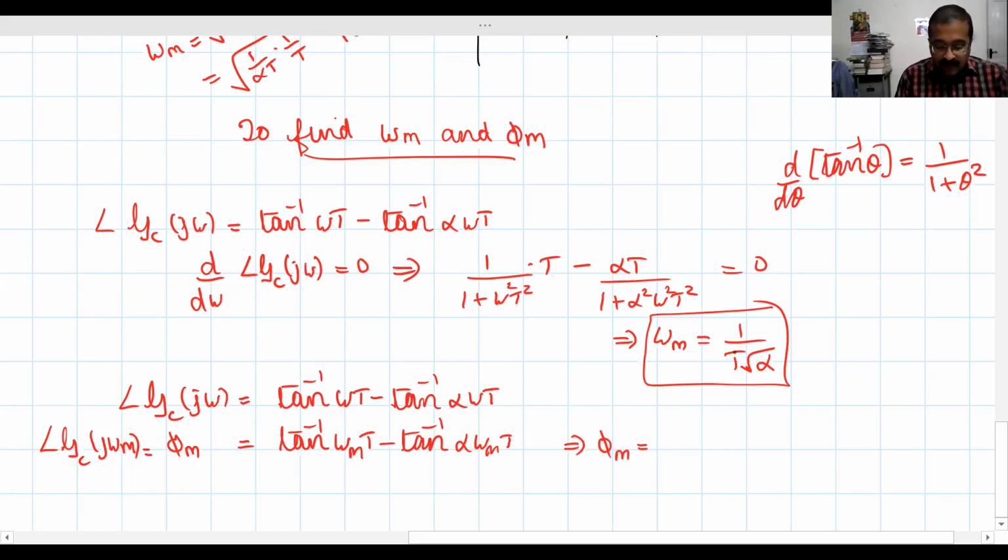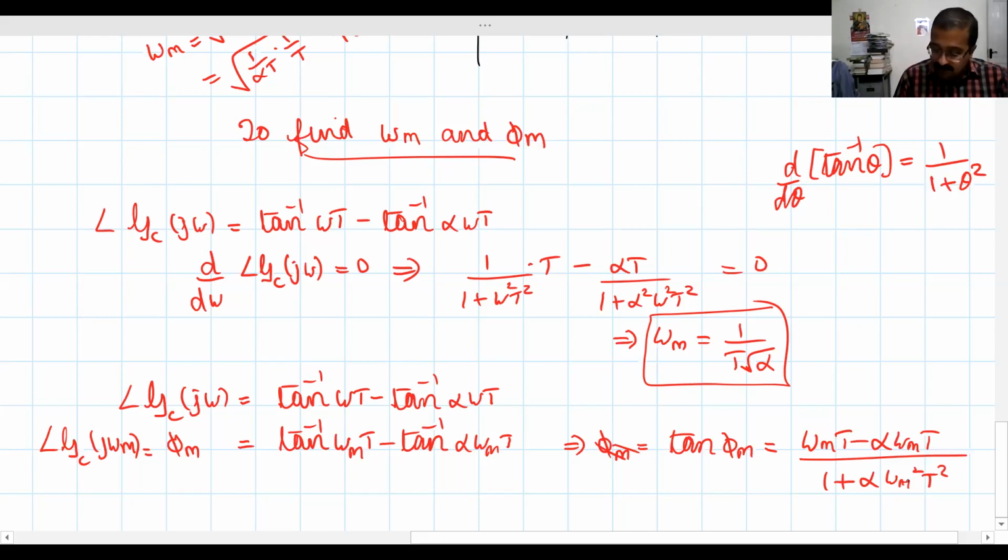Before substituting, you can just take the tangent on both sides. So tan phi m will be what? This is of the form tan of a minus b, which is tan a minus tan b divided by 1 plus tan a tan b. So you will get omega m T minus alpha omega m T divided by 1 plus alpha omega m square T square.